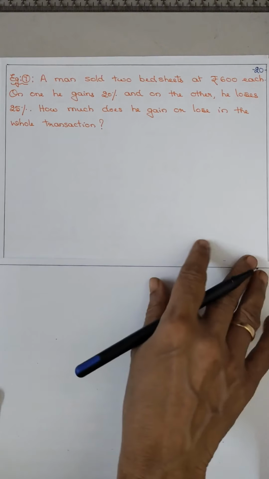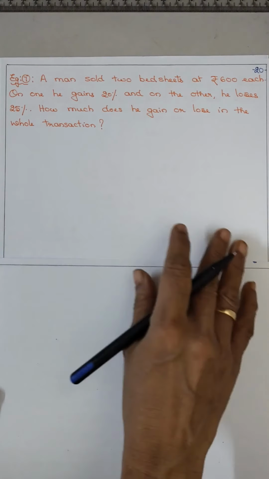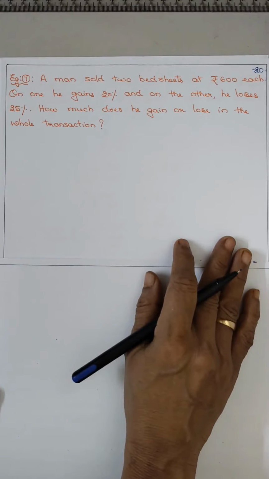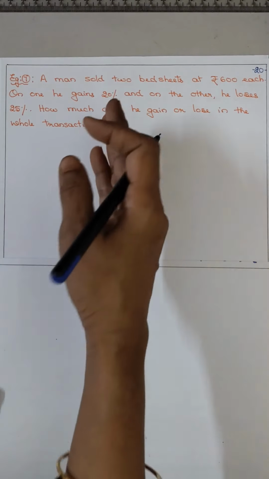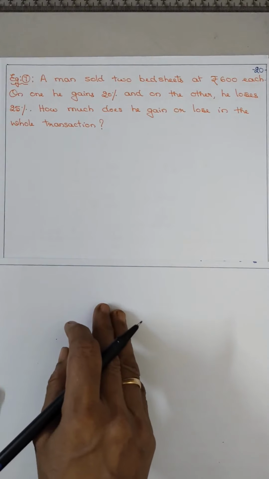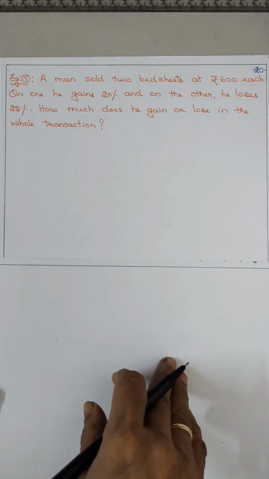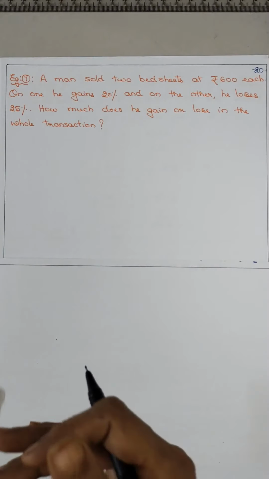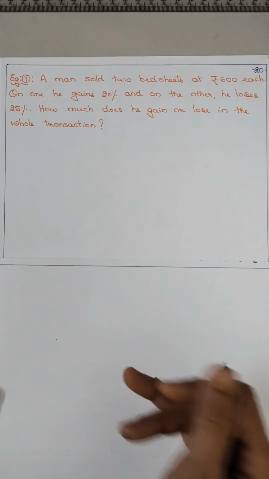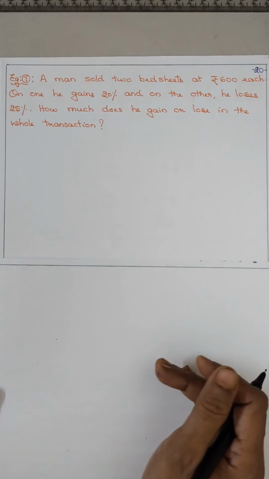Meaning there are 2 bed sheets, each sold for 600, and on one bed sheet the profit percent is 20% and on the other the loss percent is 25%. You have to find out the total gain or loss, whether it is a profit or loss.